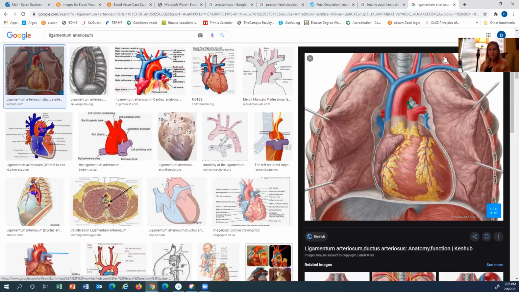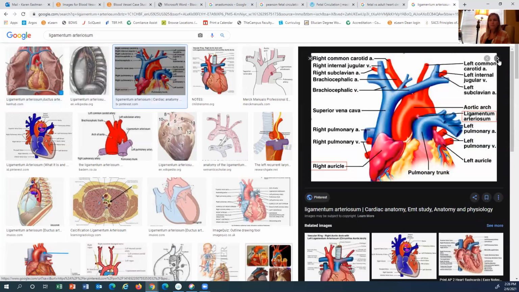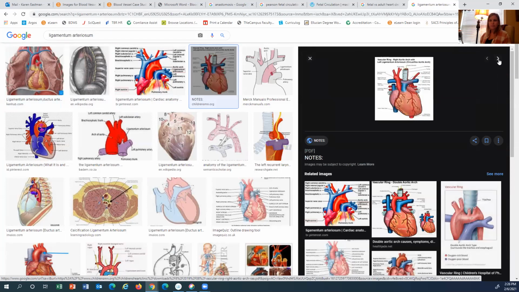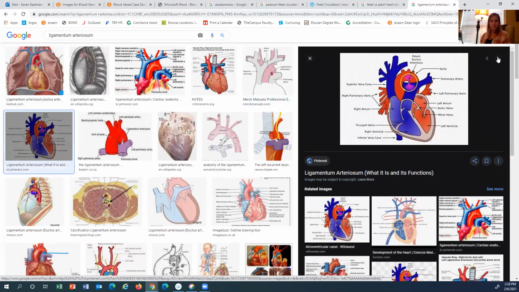That used to be the ductus arteriosus. It used to be an open pathway. So there's that little piece right there. So in the adult, it's just a piece of ligament that holds those two arteries together, and you kind of think, oh, that's just a little structural thing. But it used to be open so that blood would go straight into the aorta.